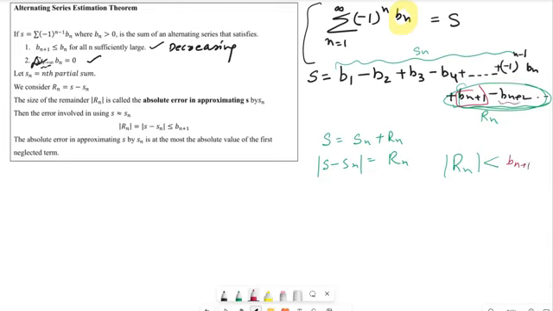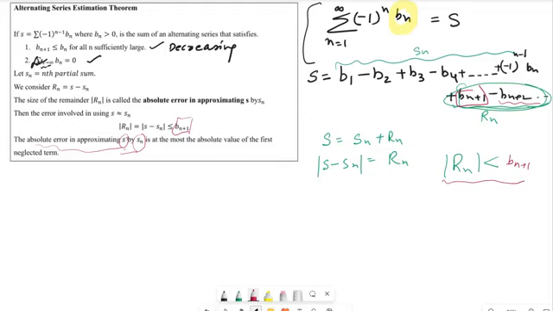Because the remaining part is being subtracted from Bn+1, so in absolute value, this is going to be smaller than Bn+1. So the absolute error in approximating S, the sum to infinity, by Sn: if we just add the terms until Sn, then the only error left would be smaller than Bn+1. Okay, so that is the main theorem of estimation.